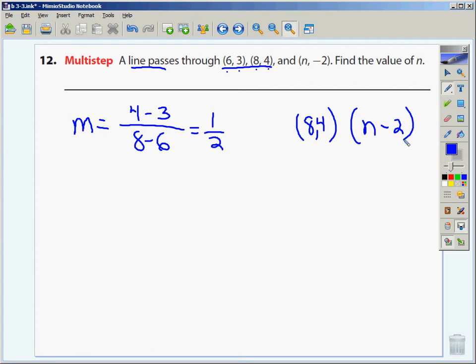So this would say y2 minus y1 over x2 minus x1. And this should be equal to what value? This I can figure. It's what? -6.